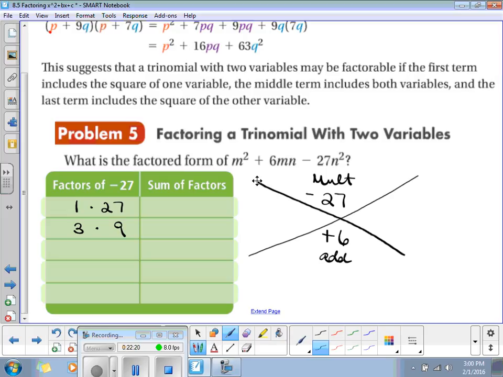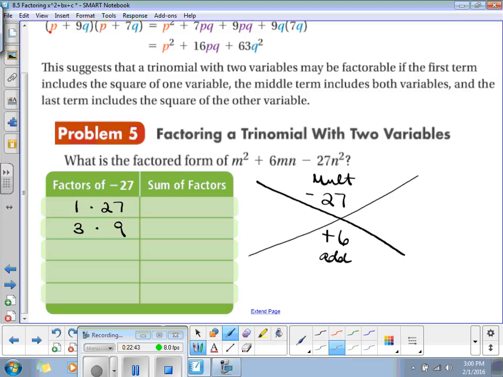So, we know when we multiply, we want a negative, right? So 1 has to be positive and 1 has to be negative. Well, when we add, we want it to be positive. So which one has to be positive and which one has to be negative? The lower one has to be negative, and the bigger one has to be positive. Very good.